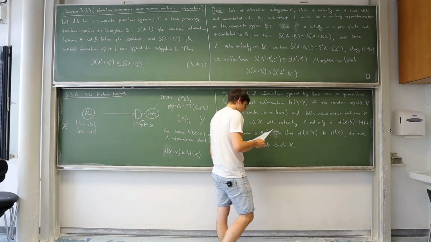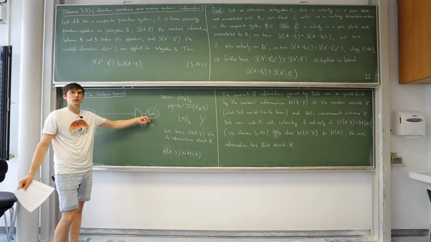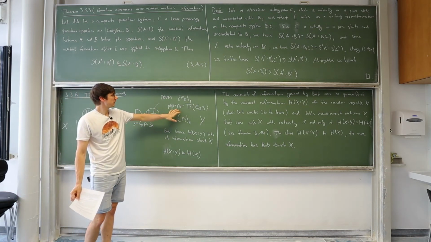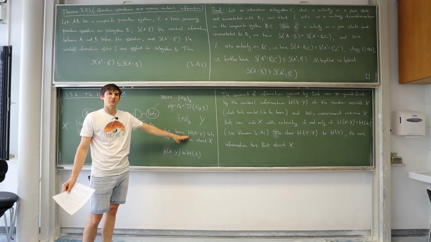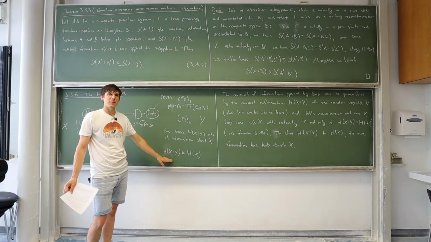And this means that, okay, what strategy does Bob do? Well, he tries to choose his POVM such that this mutual information gets as great as possible, right? He wants to maximize this mutual information because he wants to learn as much information about this random variable X as possible, right?